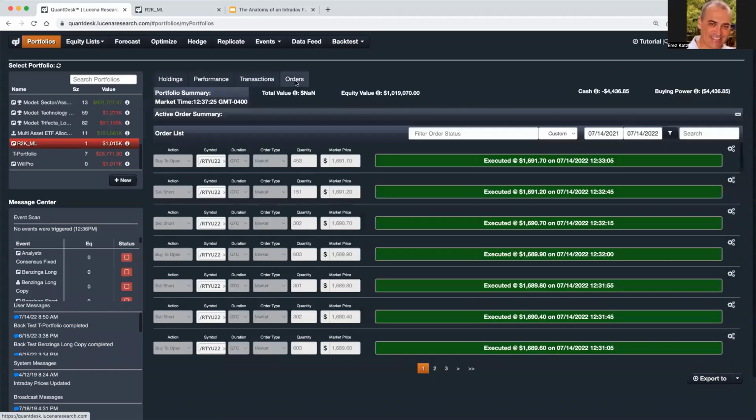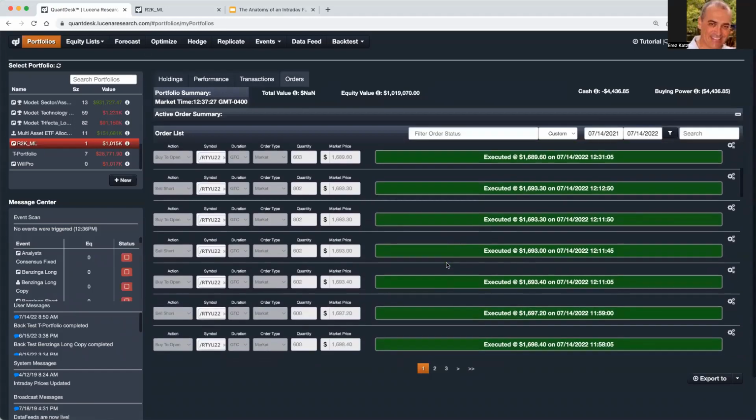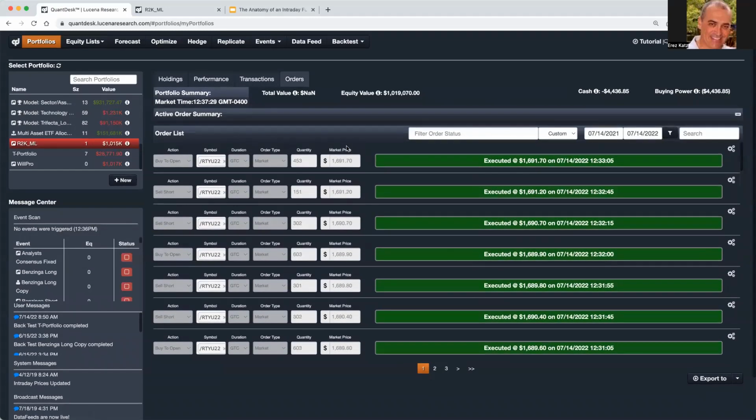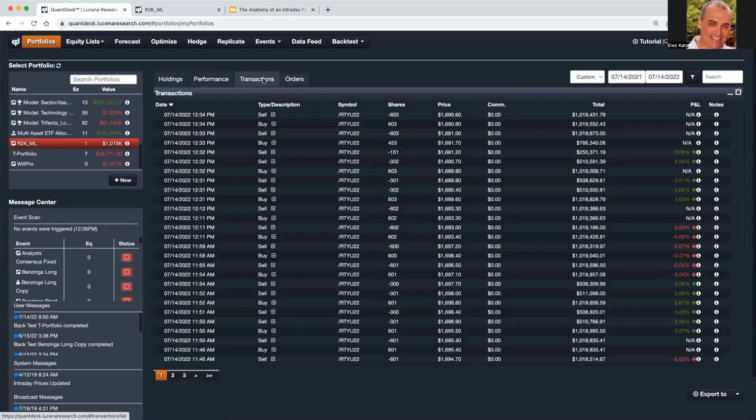Our platform allows us to view all the orders that were executed throughout the day. These are all connected in real time to, again, a broker of your choice. And of course, it moves into the transactions themselves. And of course, ultimately, the holding and the performance of the portfolio.